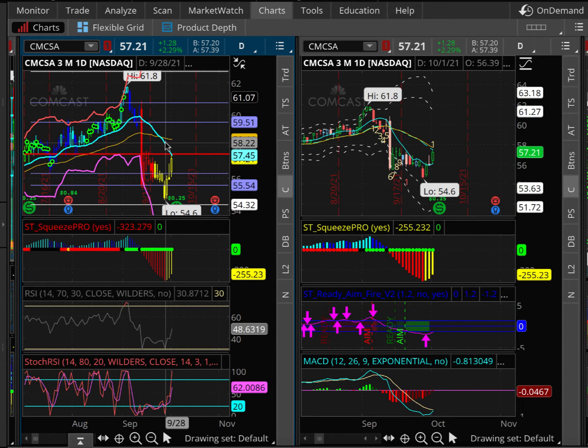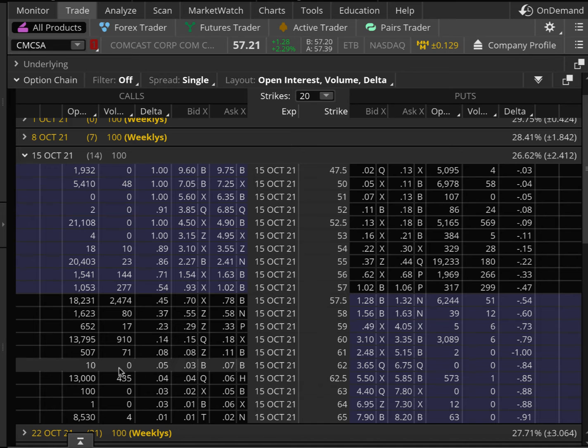Now, sometimes that could be a leg of another option, like a vertical option. It can also sometimes be a hedge against an opposite trade.